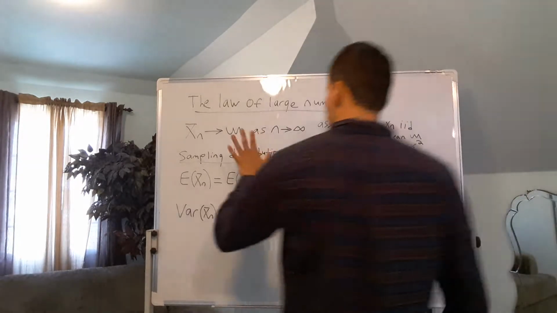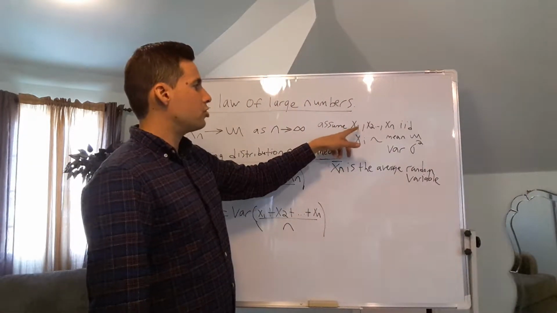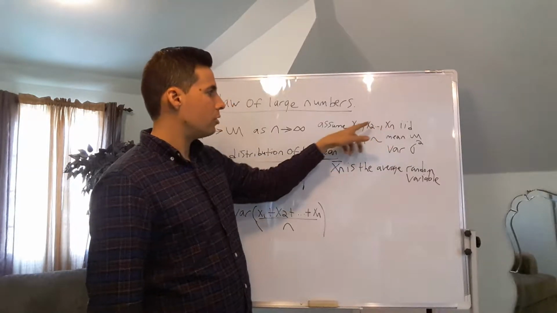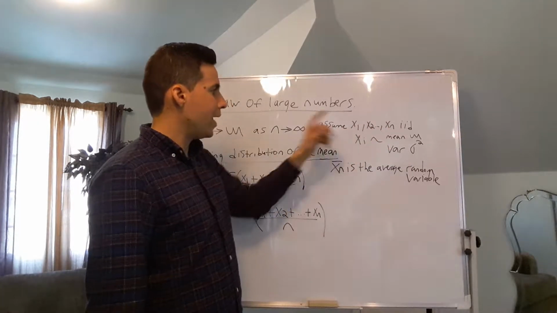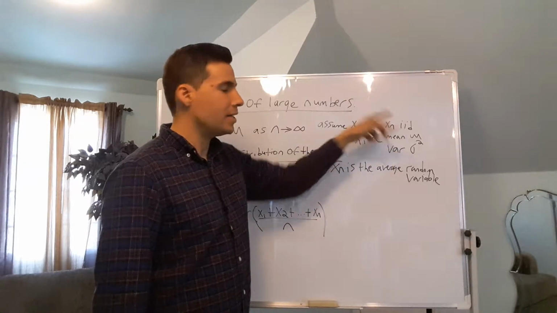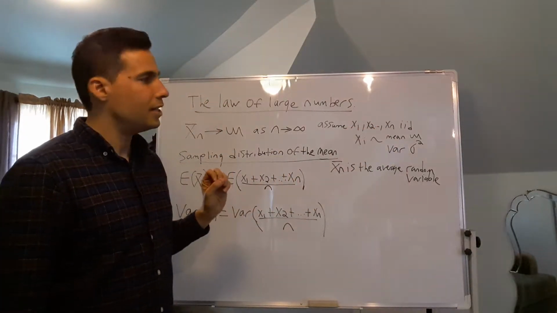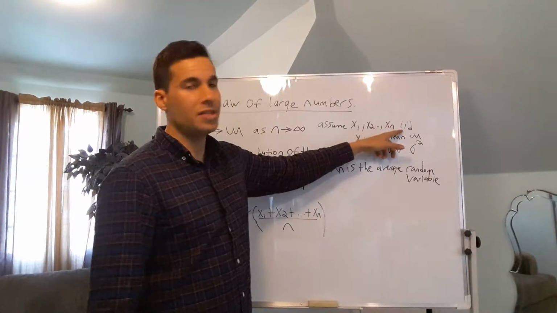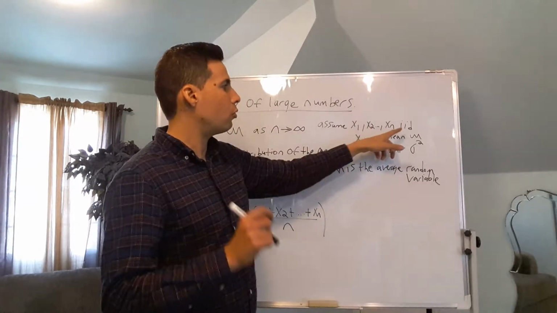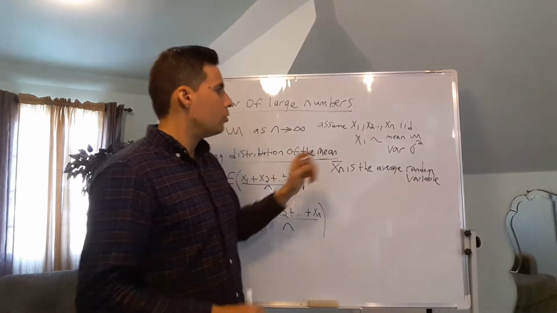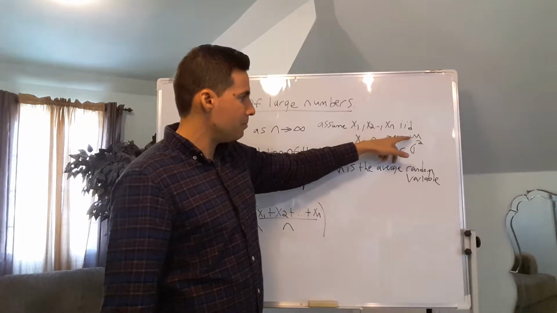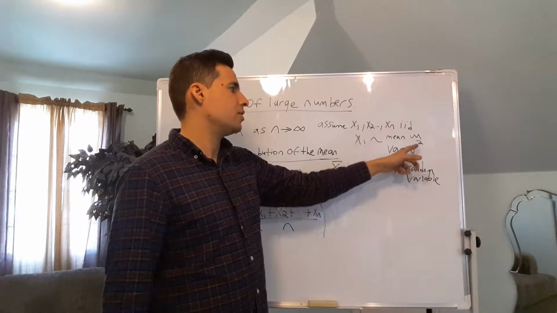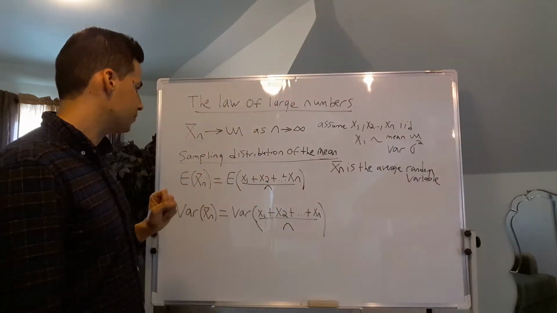But this only holds true if we assume that X1, X2, all the way to Xn, those n random variables, are IID, which means independently identically distributed. So they're all coming from the same distribution, they're all identical, which means they all have the same mean, which we'll call mu, and the same variance, which we'll call sigma squared.